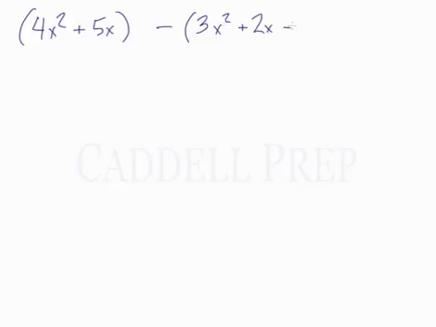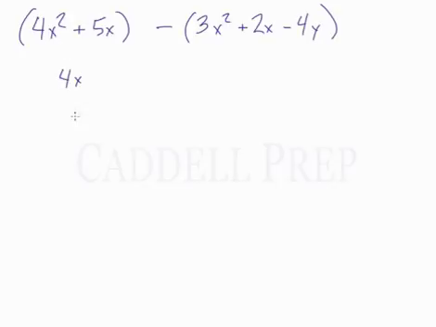Let's look at a pretty difficult problem. If we had 4x squared plus 5x minus 3x squared plus 2x minus 4y.